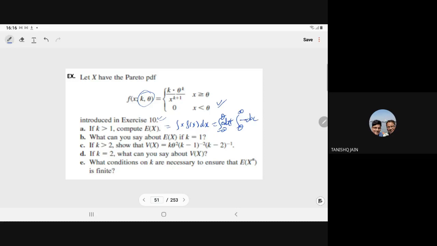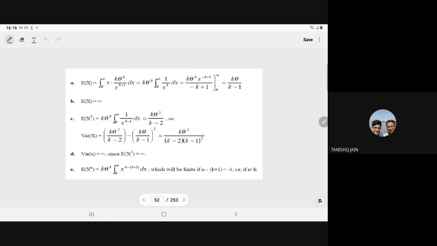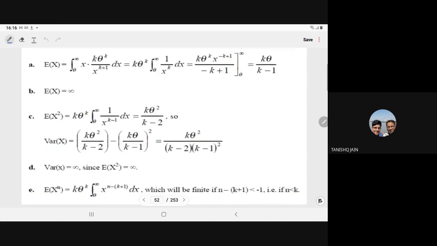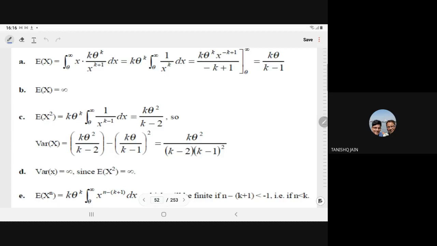So E(X) is equal to the integral from theta to infinity of x into k θ^k upon x^(k+1) into dx.